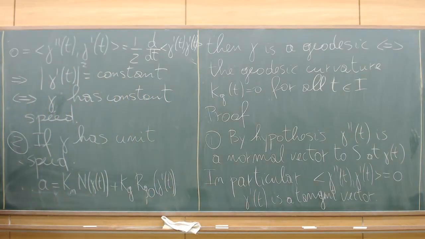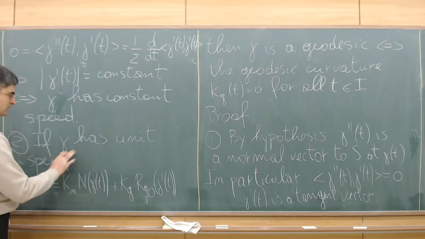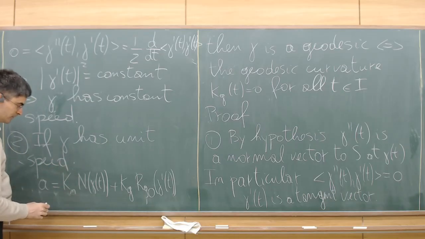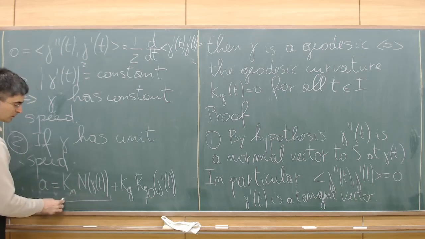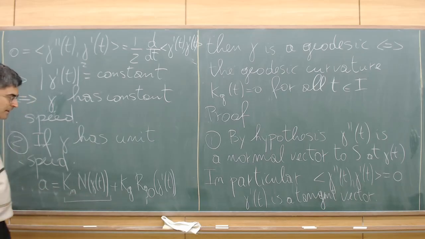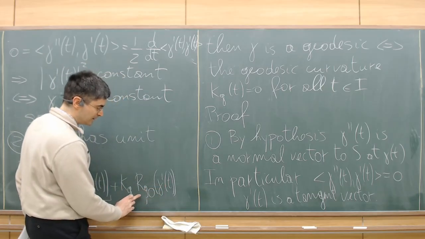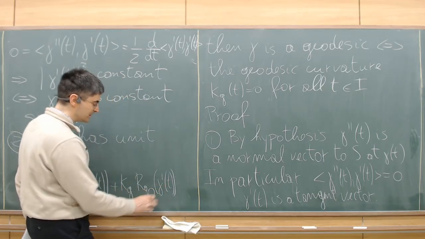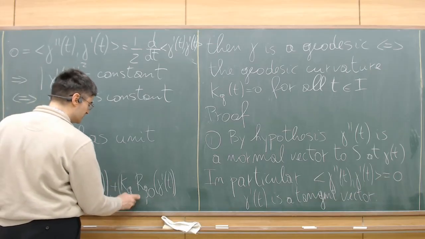Precisely, the acceleration vector of a unit speed curve on a surface can be written as a normal component and a component in the direction given by R90 gamma prime t, and this is the geodesic curvature.